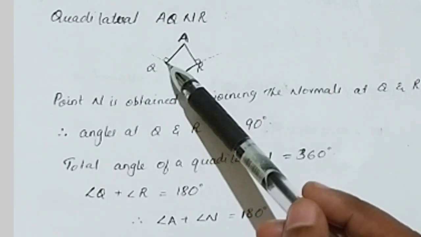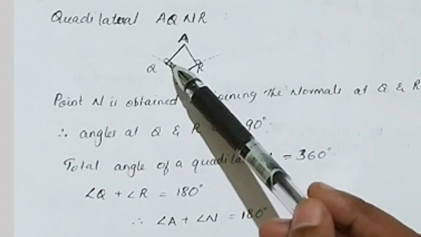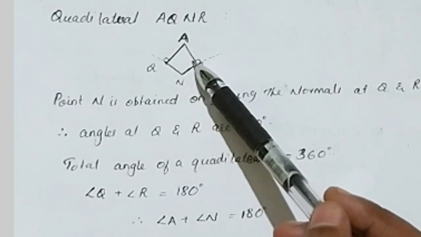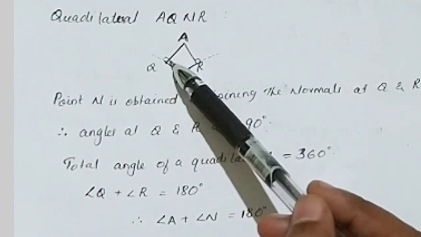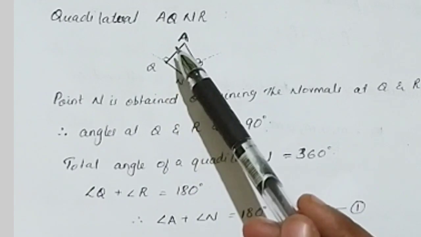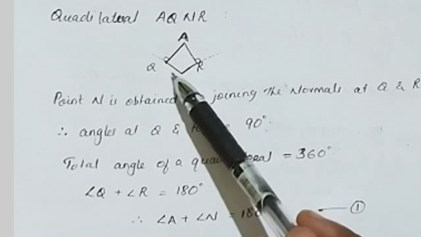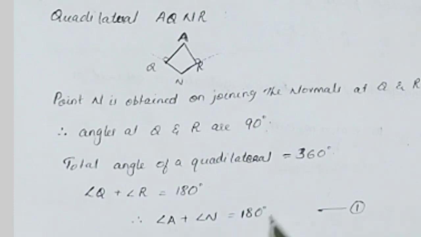And we know that the total, angle A plus angle N plus angle Q plus angle R, is 360 degrees, and angle Q and angle R are 90 degrees. Therefore angle A and angle N sum up to 180 degrees.